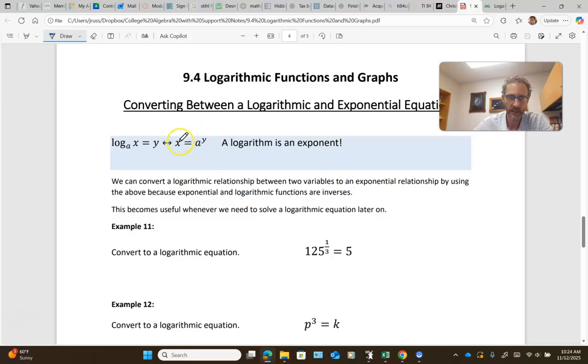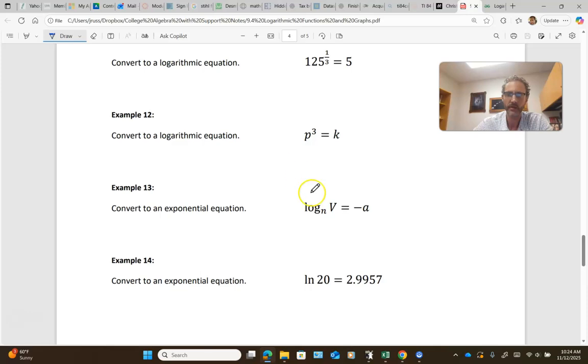Okay, that x would be equal to a to the y power. That's how we evaluated a logarithm. So knowing this, that these two statements are equivalent, we can convert an exponential equation like this to a logarithmic equation, or we can go in the opposite direction and convert a logarithmic expression or equation to an exponential equation.